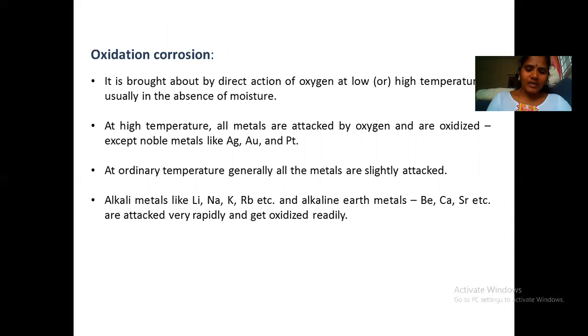And as I use the word dry corrosion, this will take place in the absence of moisture. At high temperature, all metals are attacked by oxygen and are oxidized, with a few exceptions: gold, platinum and silver. At ordinary temperature, generally all metals are attacked by oxygen, but it is a slow process.